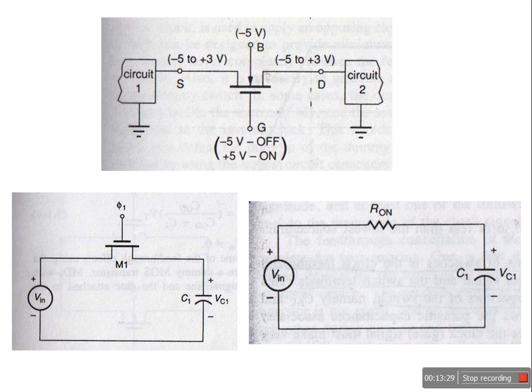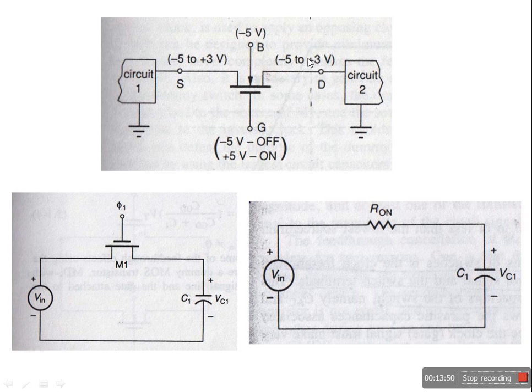VDD applied is 5 volt, and VGS also is 5 volt. When the switch is on, suppose this terminal is at 5 volt. Let us clarify this.